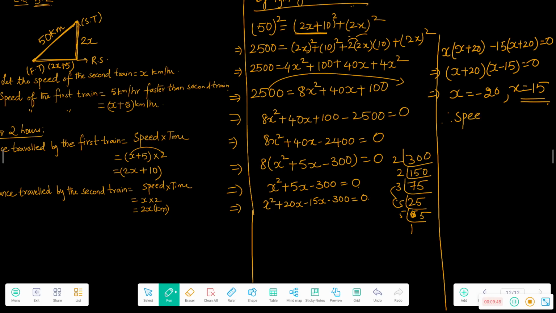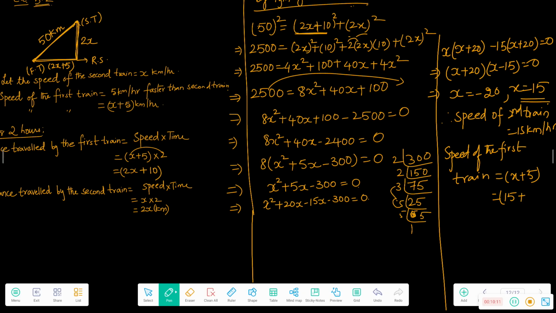Therefore, the speed of the second train is 15 kilometers per hour, and the speed of the first train is x plus 5, which is equal to 15 plus 5, which is equal to 20 kilometers per hour.